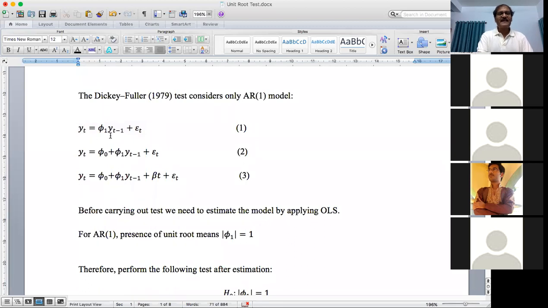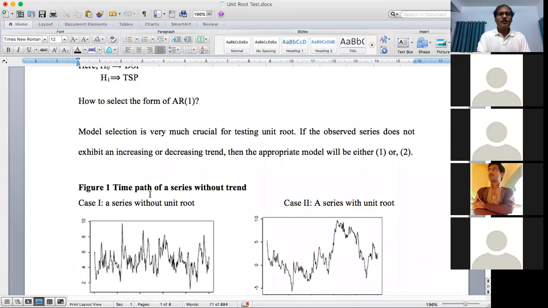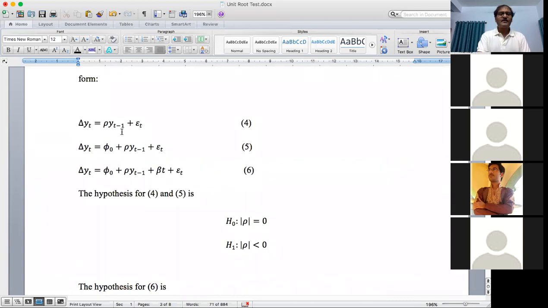And in the right hand side, you have phi 1 yt minus 1, and you already have minus yt minus 1. So after taking a common factor, you have phi 1 minus 1 within bracket times yt minus 1. So phi 1 minus 1 is equivalent to rho in equation 4. So rho we have introduced here, rho is equal to phi 1 minus 1.